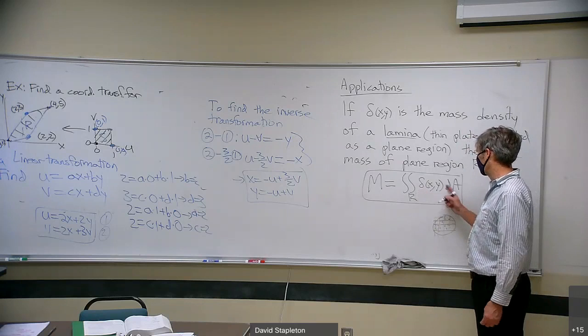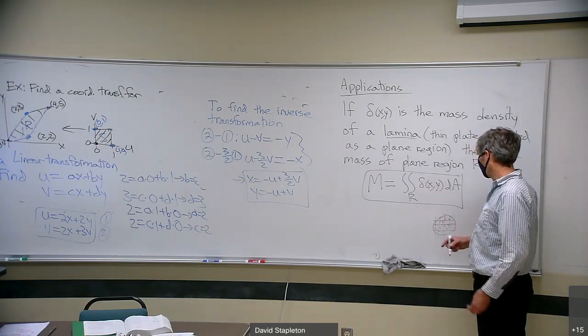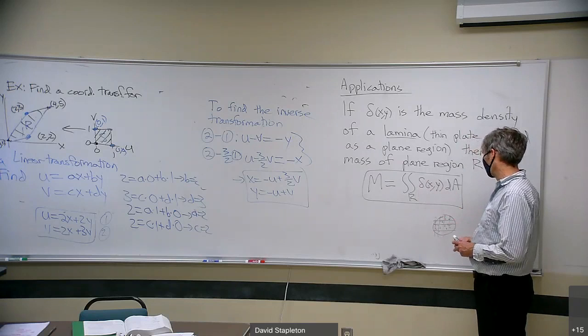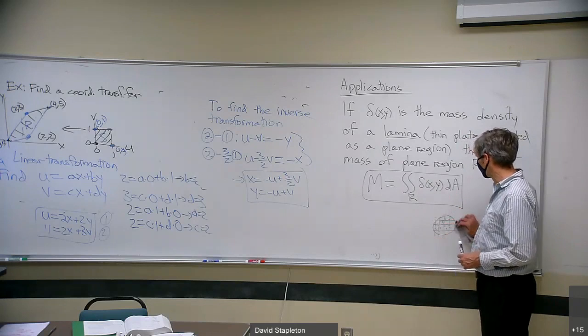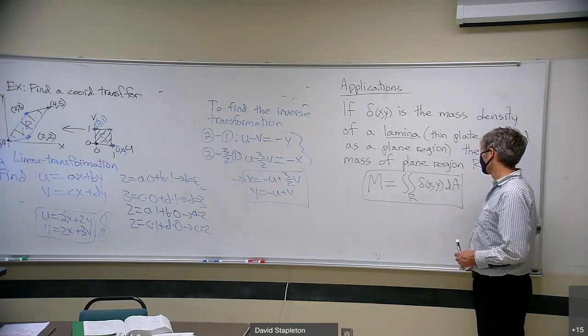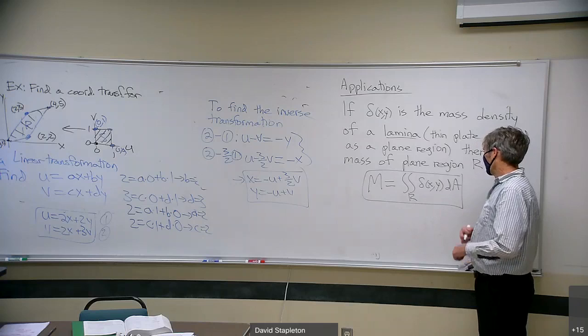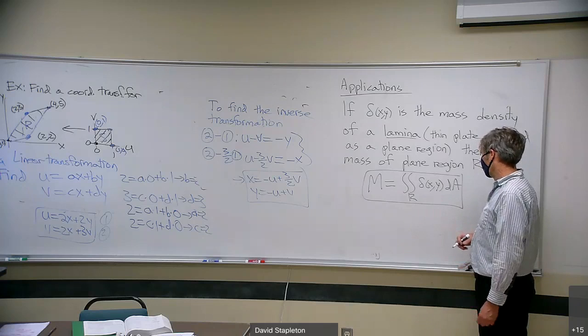This is adding up over the subregions, like little molecules, to make the total mass. So this is the limiting case of breaking these things up, discrete cases. And we'll make that definition.